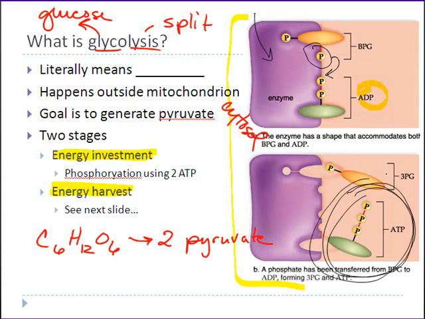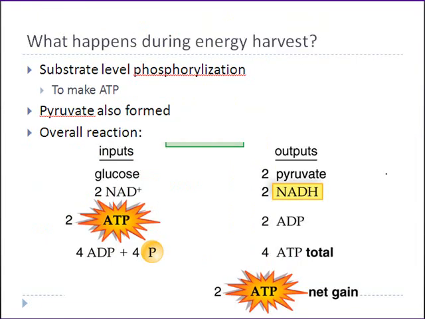Now let's look specifically at what this looks like when we phosphorylate glucose instead of phosphorylating ADP. So again, like I said, during the energy investment step, the first thing we got to do is substrate level phosphorylation. And the overall goal here is that we're actually going to take, and unfortunately I didn't show it on here, a molecule of glucose and we're going to attach a phosphate onto it.